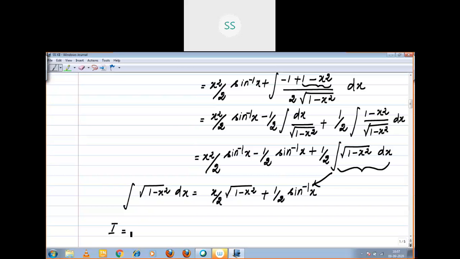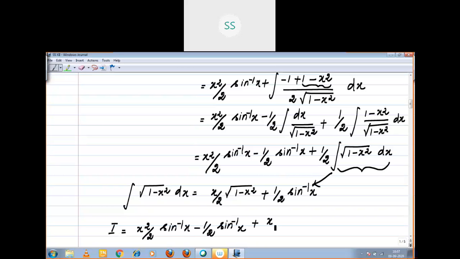Now, I equals x square by 2 sine inverse x minus 1 by 2 into sine inverse x, right? Already 1 by 2 is there. That 1 by 2 becomes what?